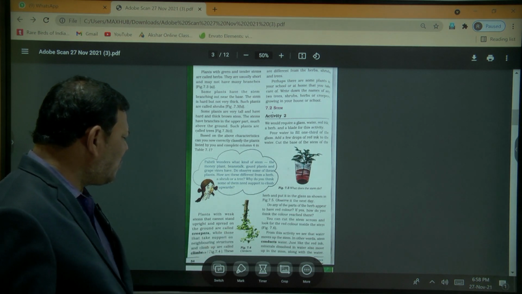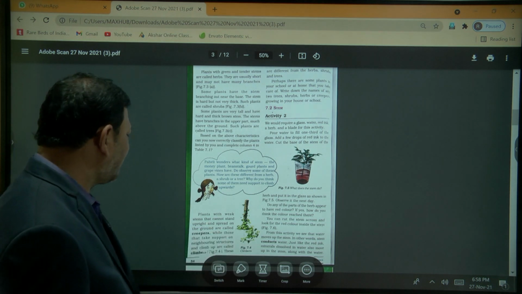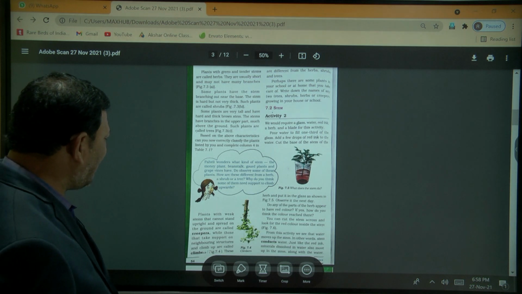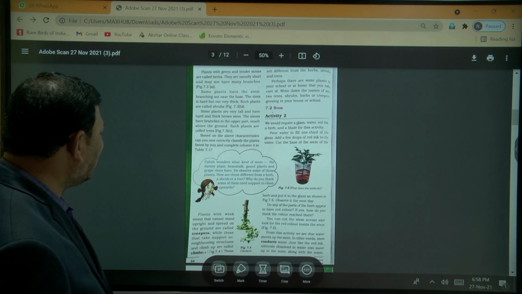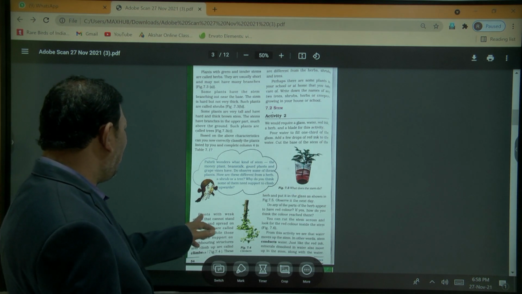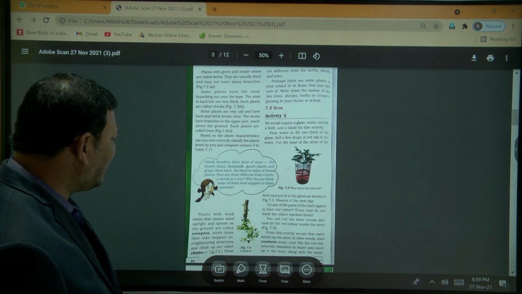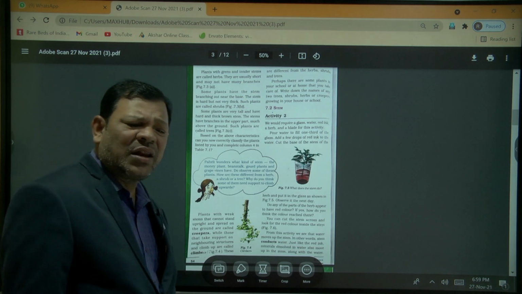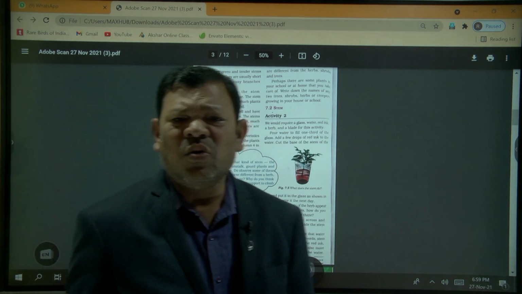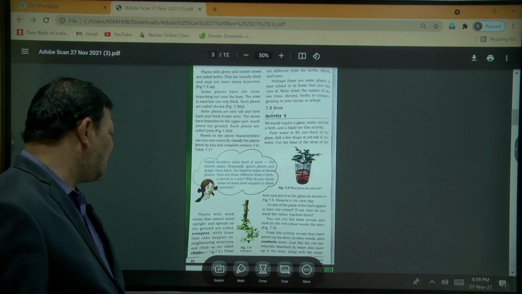Here one more point is there. Plants with a weak stem that cannot stand upright and spread on the ground are called creepers. Do you know cucumber? Cucumber is a creeper.